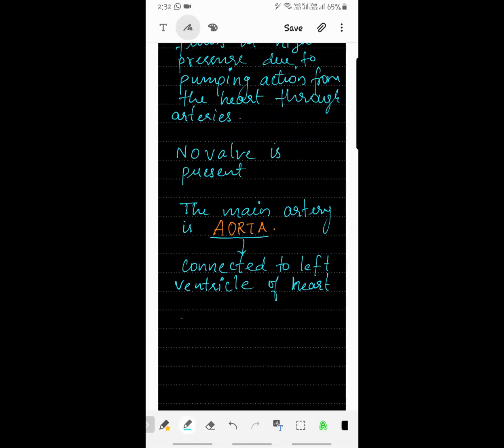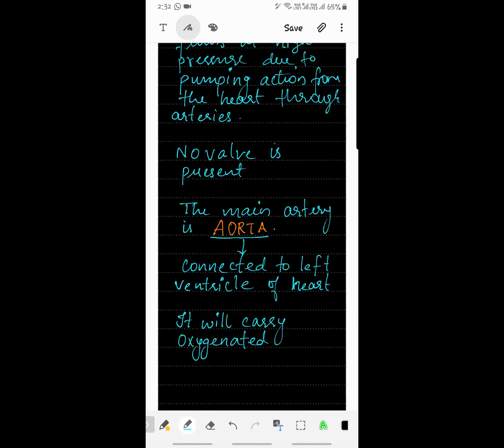It will carry oxygenated blood. In which color will it be?